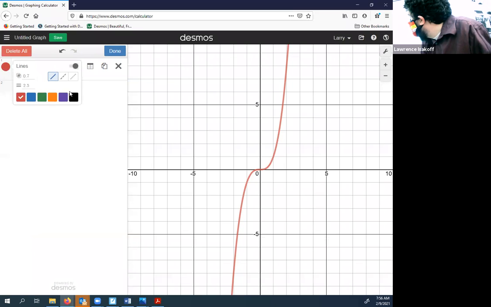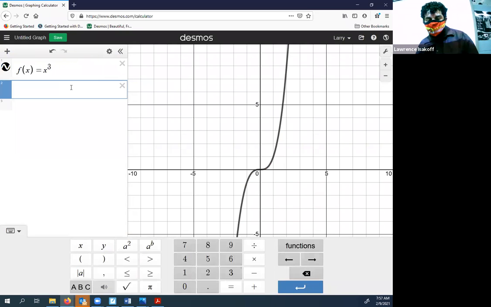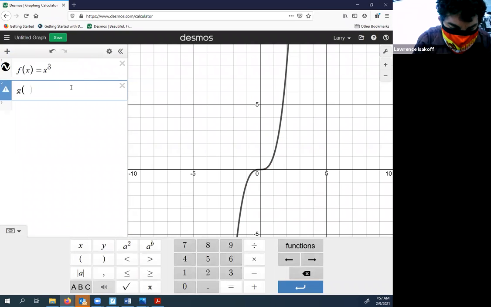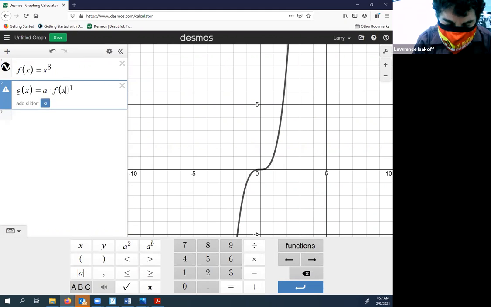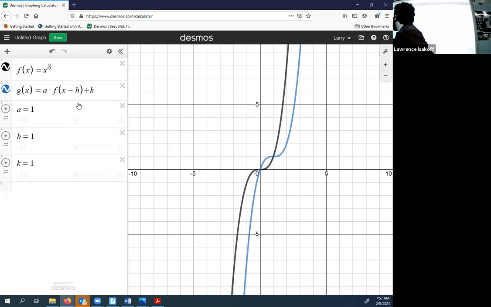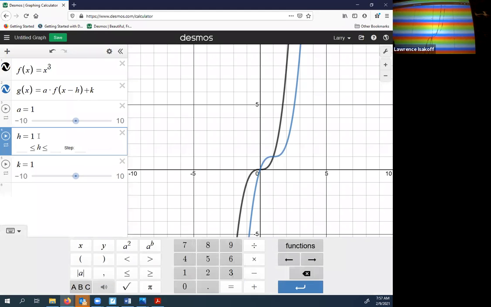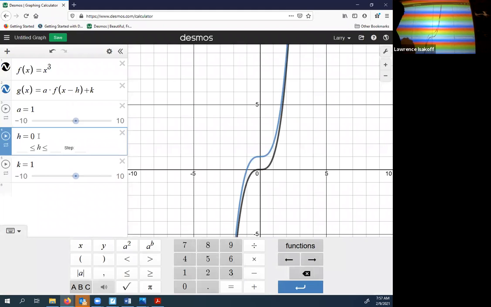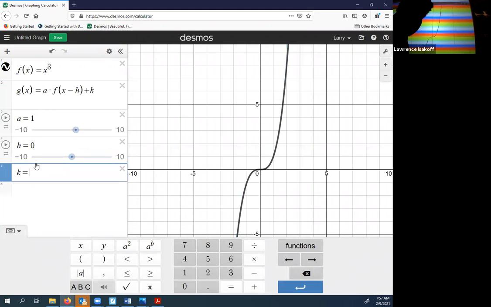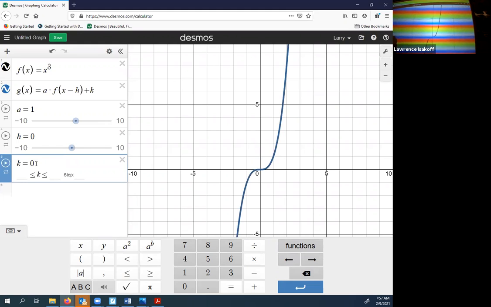Again, using different colors, I'll differentiate parent functions from other functions. So I can say g of x is equal to a times f of x minus h plus k. Now I'm going to want to add these sliders in here. Let's set h and k equal to 0 by default. A should be set to 1 by default, essentially.